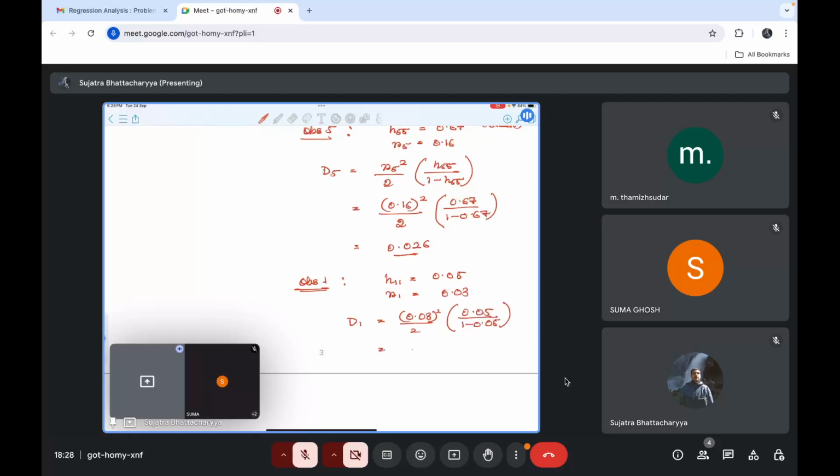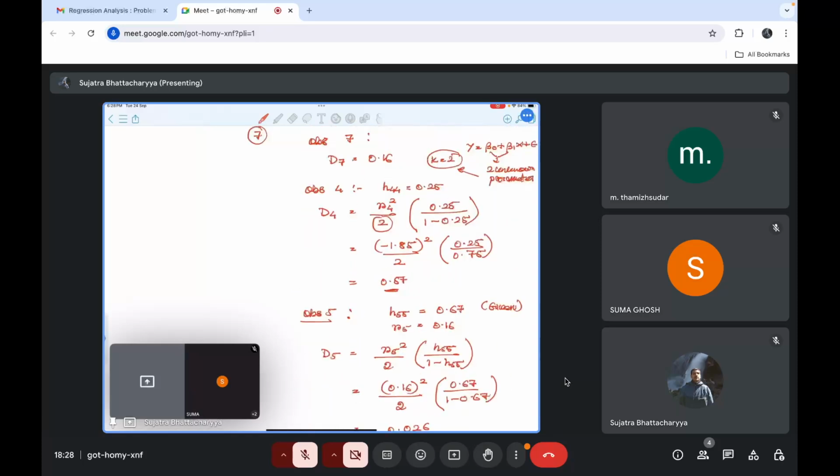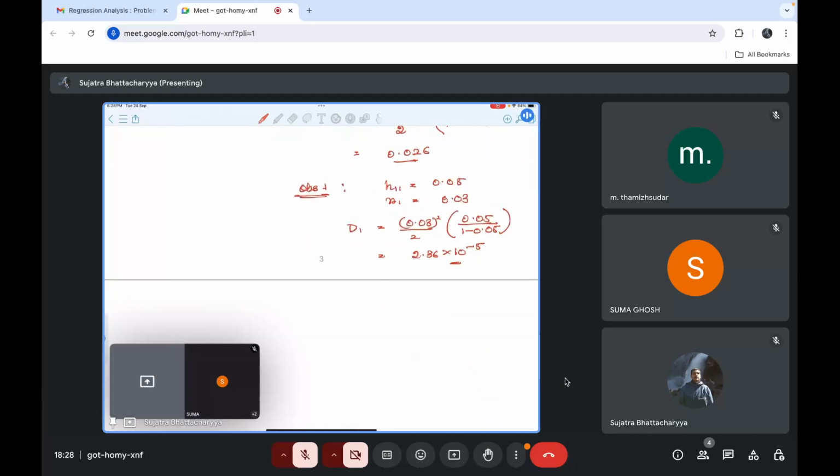So this gives you 2.36 into 10 to the power minus 5. Very small. So out of all of these, you can clearly see that D4 is much larger. D4 being the largest of all, therefore the fourth observation is a leverage point.